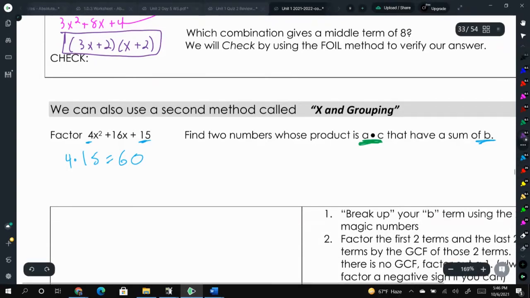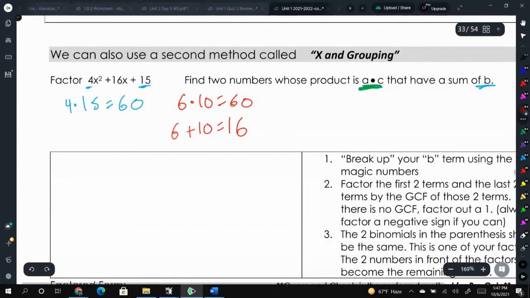And if you want, you can use your calculator and start dividing 60 by numbers to see which two numbers will give me a sum of 16. We can do 6 and 10. That gives me 60. 6 plus 10 equals 16. So my two magic numbers are 6 and 10.